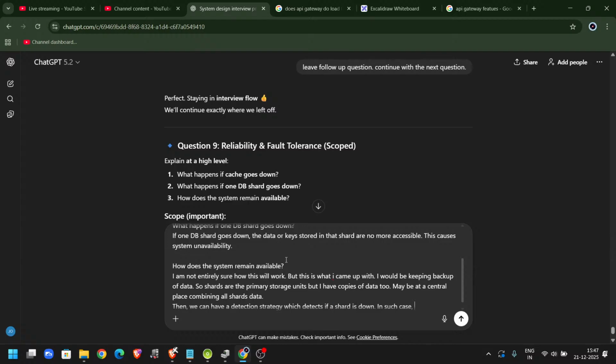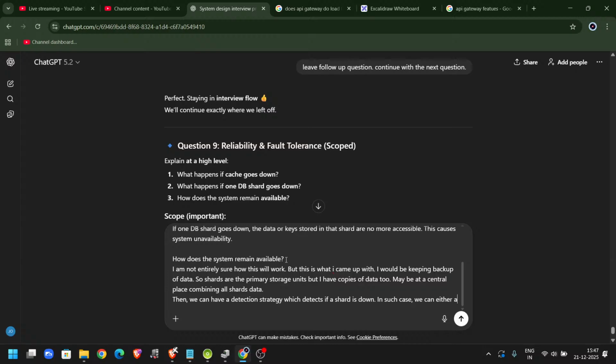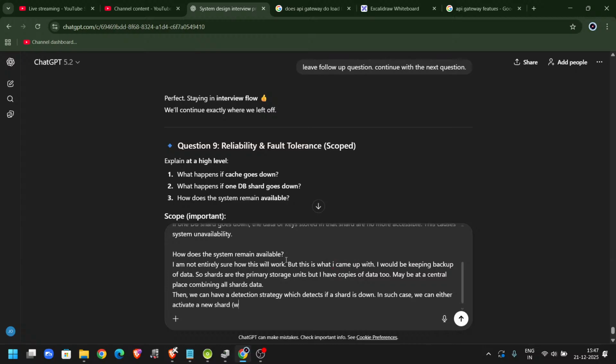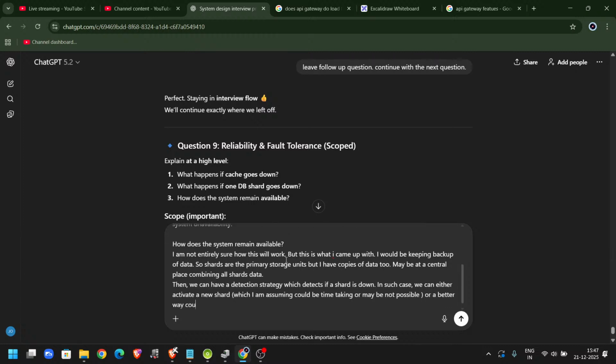In such case, we can either activate a new shard, which I am assuming could be expensive, could be time taking, or maybe not possible, or a better way could be to transfer data of failed shard to shard +1 in the consistent hashing circle.